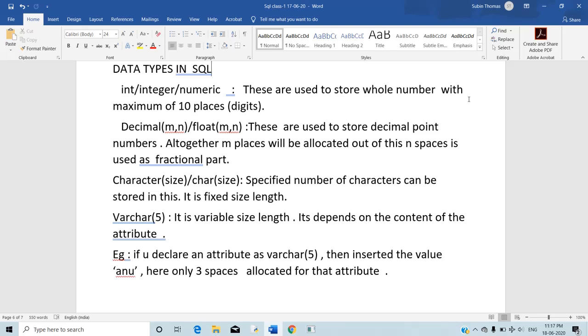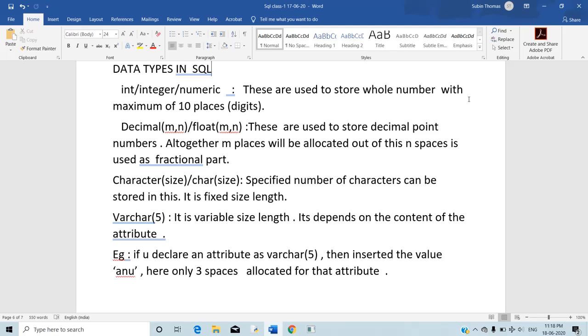This is used to store decimal point numbers or fractional numbers, which can be stored by using the decimal or float data type. Altogether, we will get m places allocated, out of which n spaces are used for the fractional part.